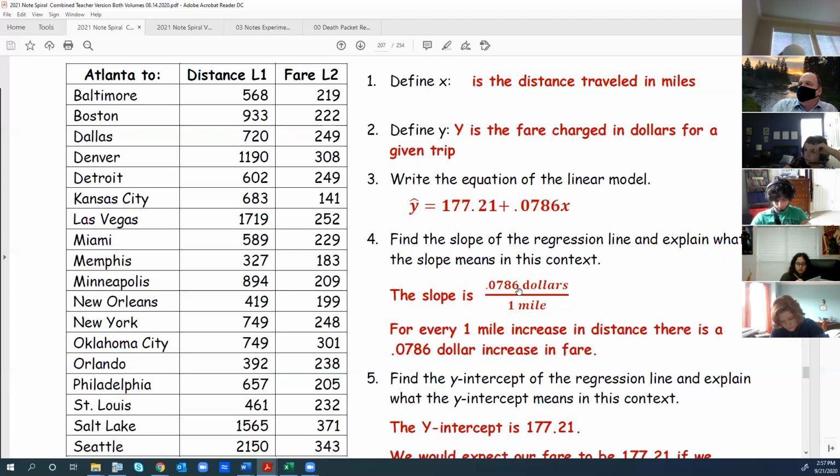So the slope is $0.0786 over 1 mile. By the way, decimals over a whole is perfect for our class. I know the math teachers will scream and holler. We're more real life, okay? We like this. So for every 1 mile increase in distance, there's a $0.0786 increase in fare. That sounds just like the stuff you used to do in Algebra 1, I bet.